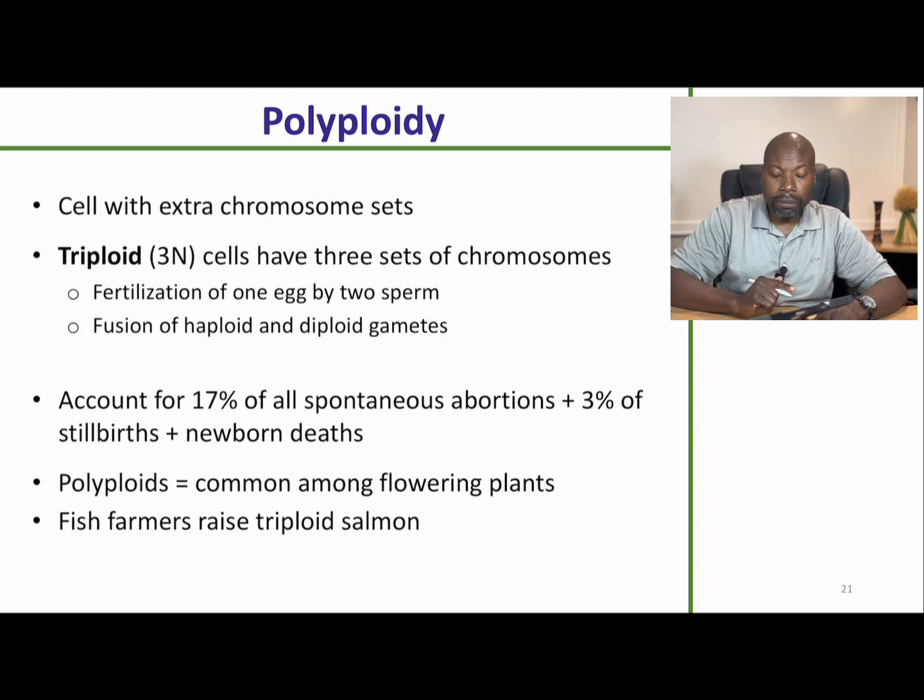But polyploidy is actually more frequent in plants, and specifically flowering plants, than you do have in other living organisms, right? Some fishes, and particularly in farming, we can have some salmons that are triploid. We can have some salamanders that are triploid, but this is not very common, okay?